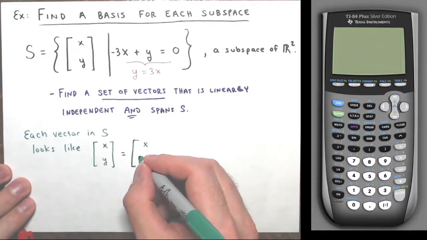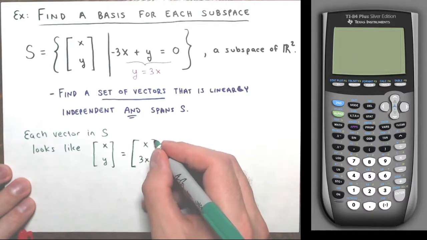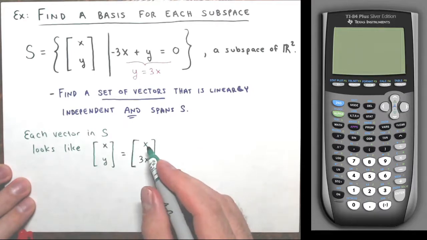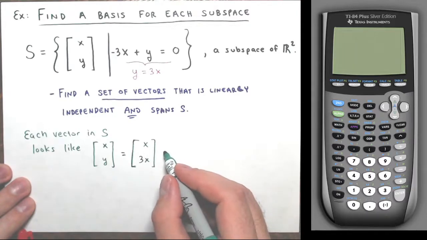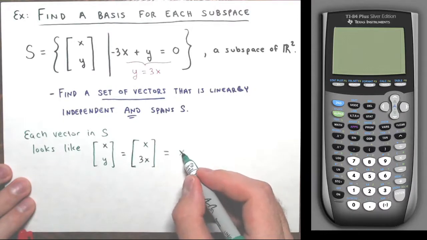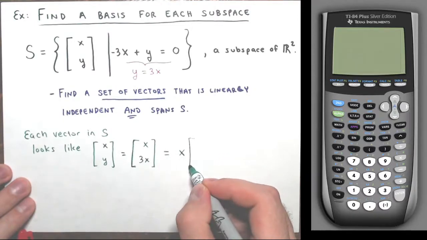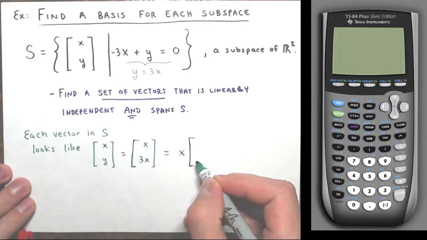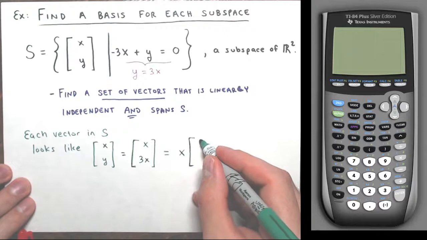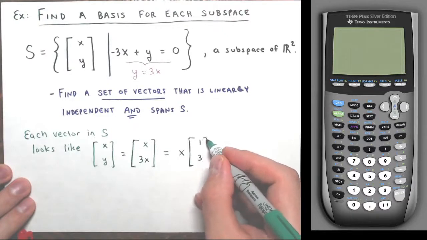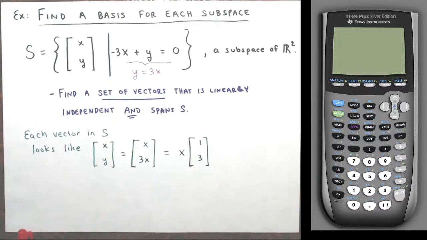So x and then y equals 3x, where x is a real number, x is a scalar. Do you see how both of these have this scalar x in common? I can pull that out and say every vector in S is a scalar multiple of the vector (1, 3).